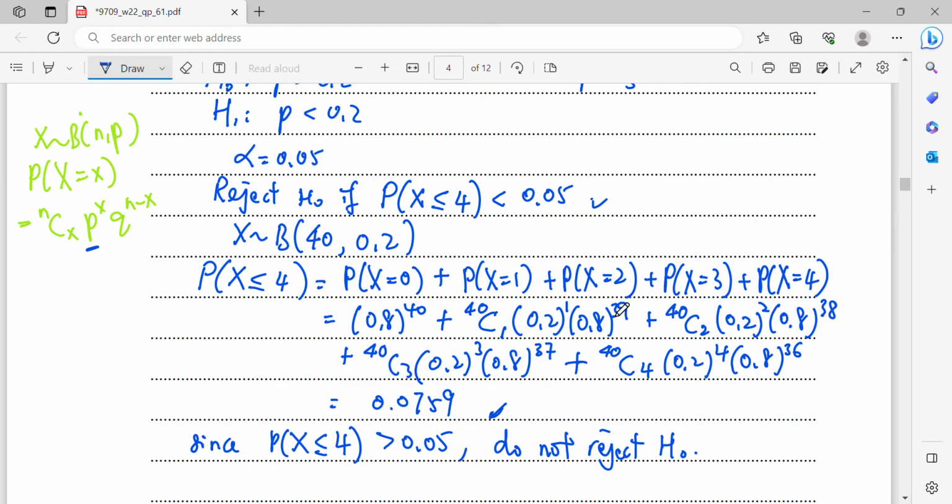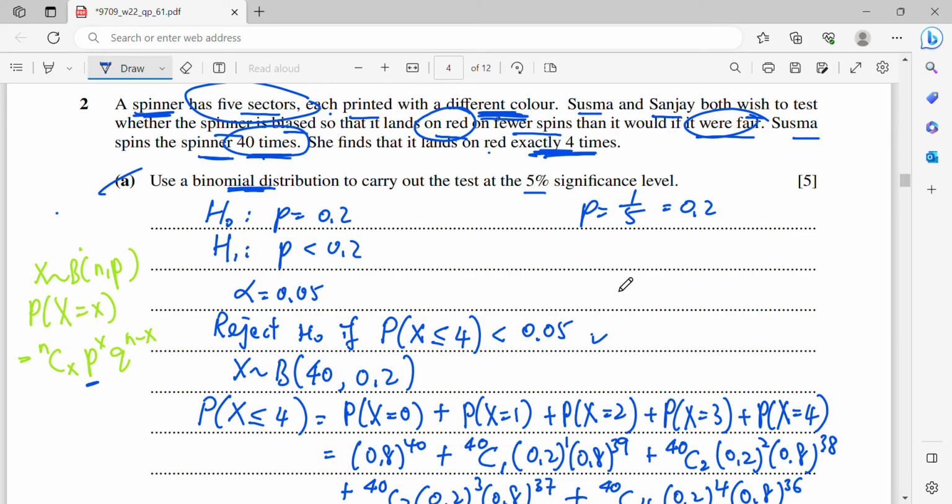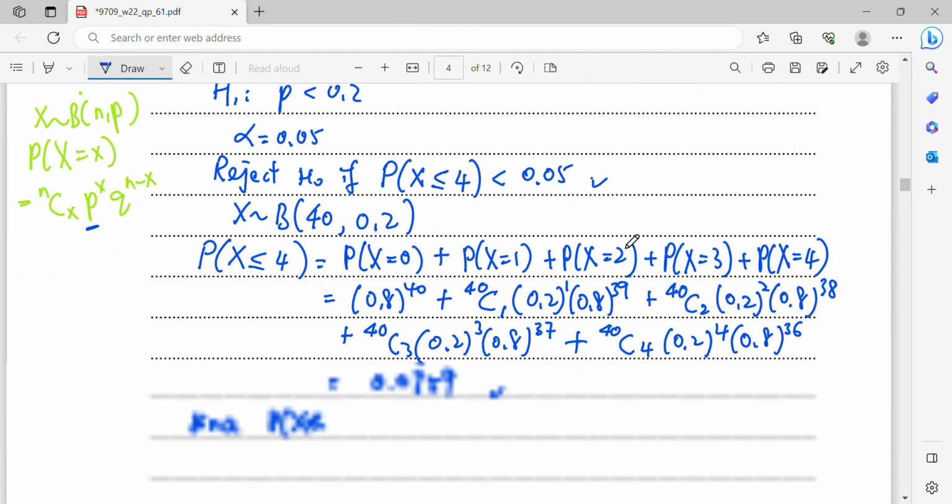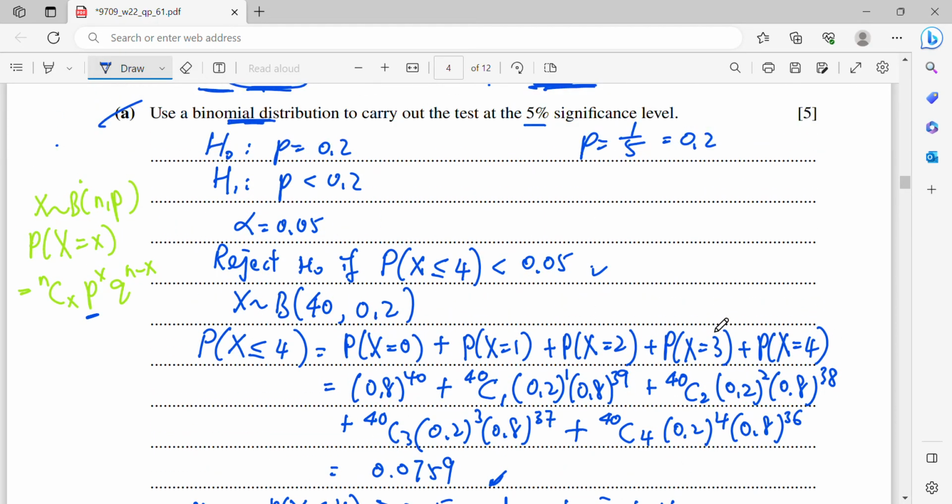Okay, so now our conclusion will be based on the question. You need to check whether it is biased or fair. Since we do not reject H0, we cannot say that it is biased. So you cannot conclude that p is less than 0.2.